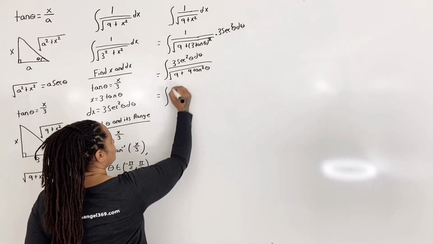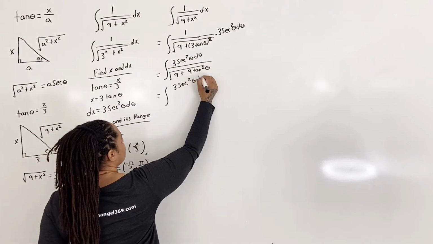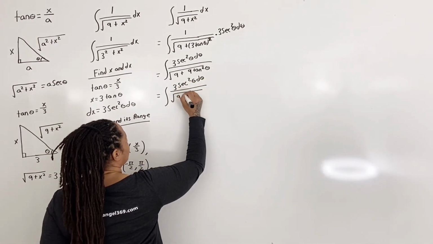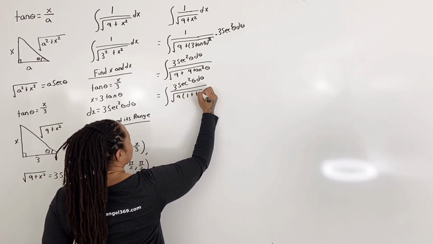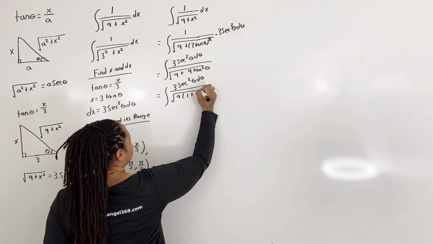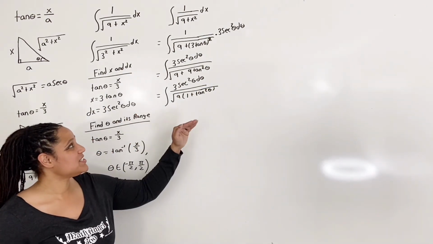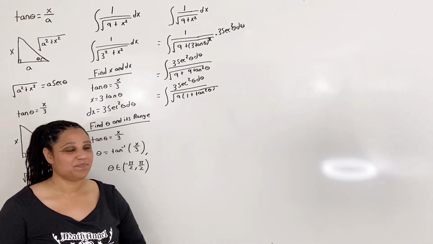So we have the integral of 3 secant squared theta d theta divided by the square root of 9 times 1 plus tan squared theta. Notice that I am following the same procedures as I did in the very beginning of this video.